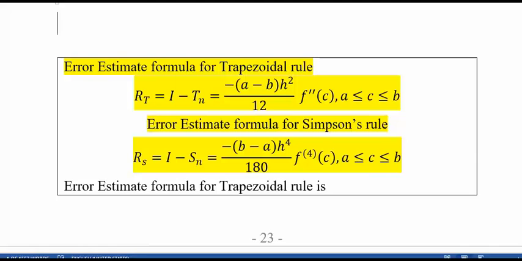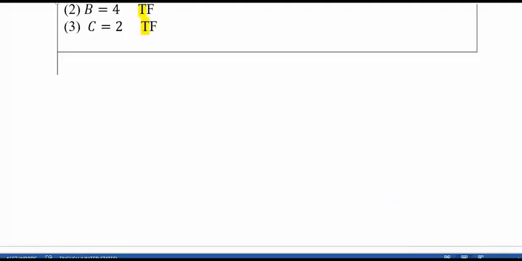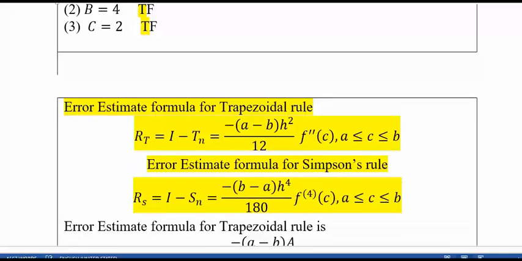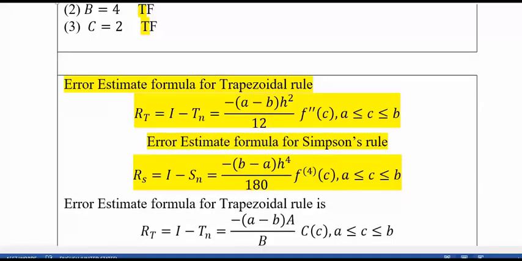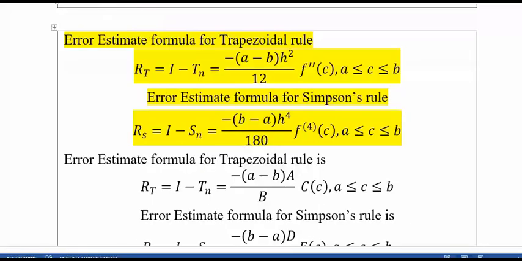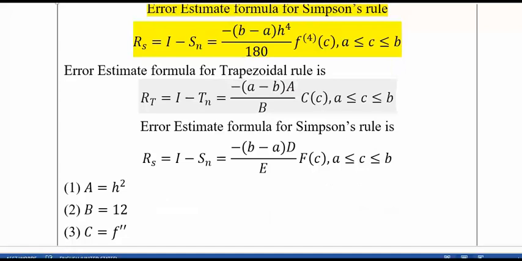For comparison of the error estimate in the trapezoidal rule and Simpson rule: in the trapezoidal rule, RT equal minus (b minus a) times h squared over 12 times f double dash of c. In Simpson, minus (b minus a) h to the power 4 over 180 times the fourth derivative of f at c. If you write it as MCQ questions, we shall write a here instead of h squared.